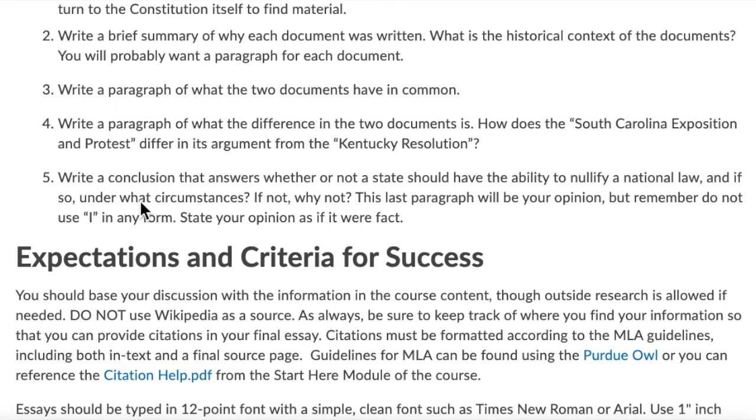So if you say something like, well, a state should have the ability to nullify a national law because I hate the federal government, it messes with my life all the time, that's a concern from the present. And even though that's a legitimate concern, you have to remember that this is a history essay, and every paragraph should reflect something you've learned about the past. So don't forget that when you write this paragraph that answers item 5.